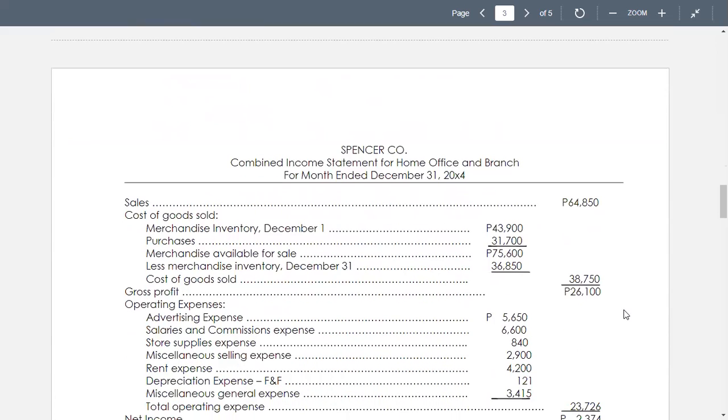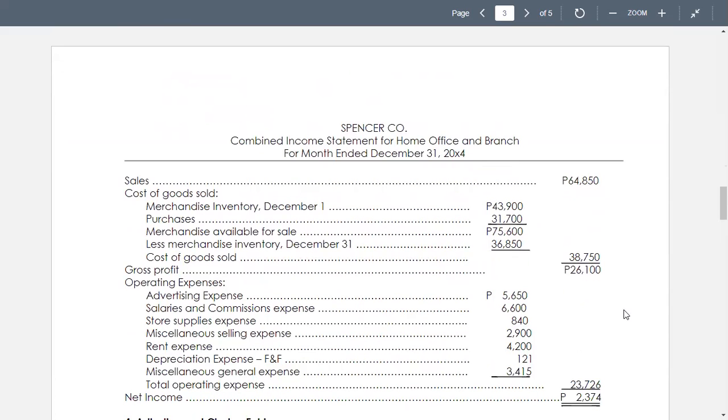Okay, then we are going to, any other questions? Okay, combined income statement for the home office and the branch. So what you will do is to refer to the worksheet. In the worksheet, you have the last two columns. The last two columns are the assets, liabilities, and your shareholders' equity of the home office.